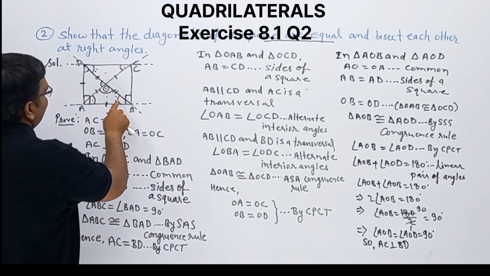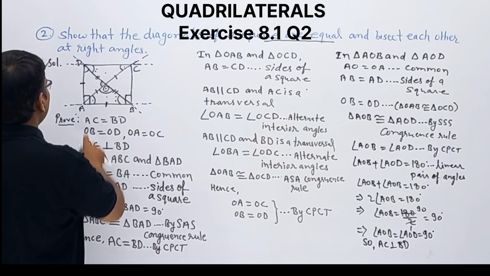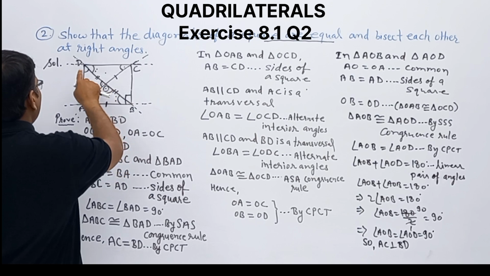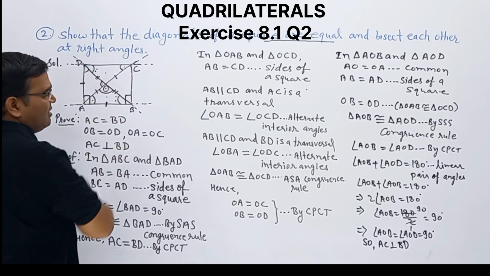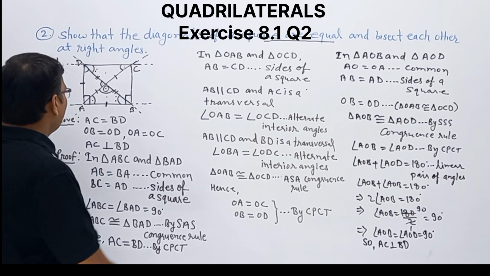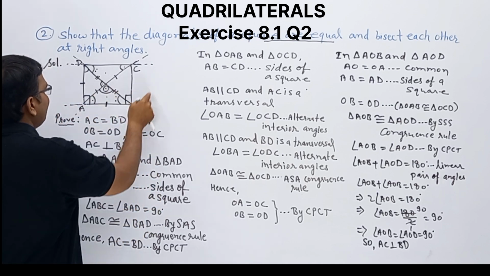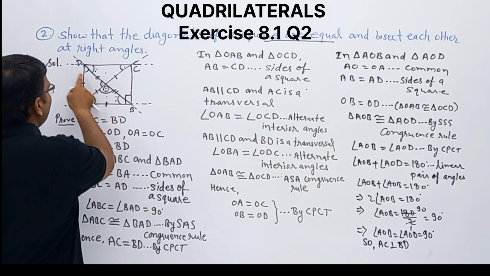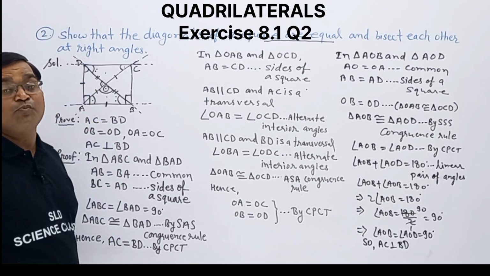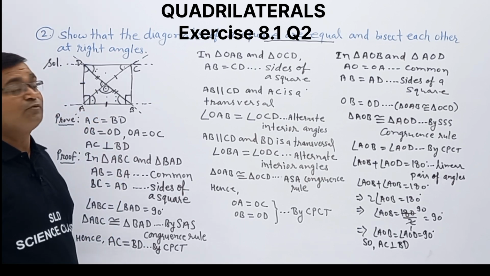Clear? And angle ABC equal to this one, 90 degree. So from the side angle side congruence rule, we proved that triangle ABC is congruent to triangle BAD. Once we proved, then we can say corresponding parts of these 2 triangles will be equal.